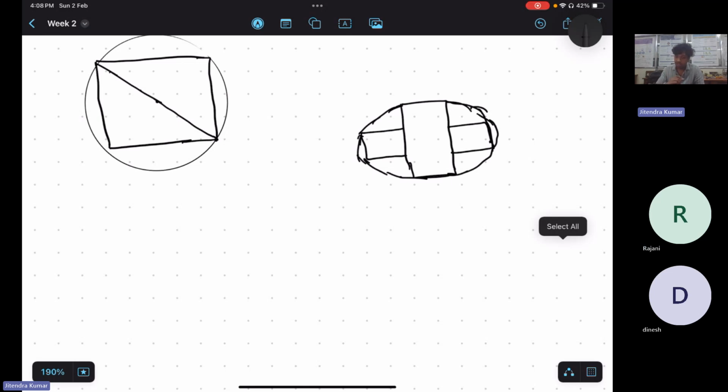So now let us calculate. So this is the D. D is nothing but the diagonal of the circle.